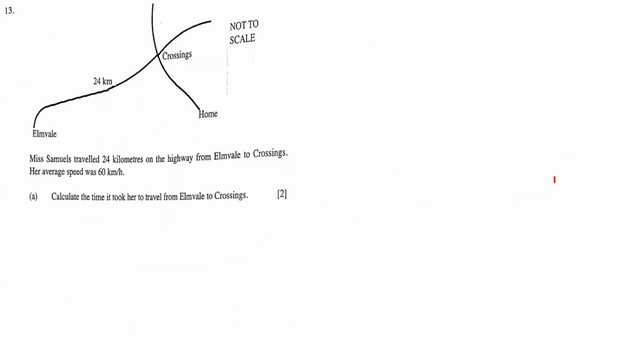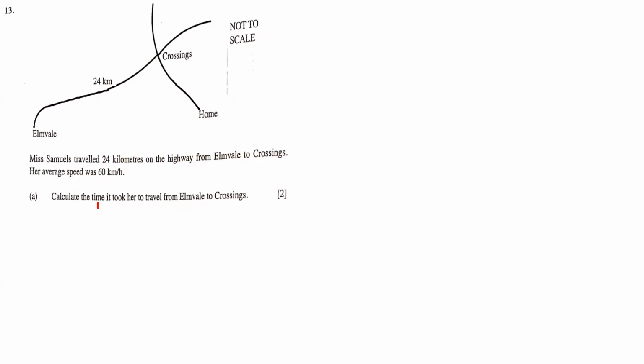Okay, let's move on to question number 13. So we have 13A. Here they give us a diagram. It says Miss Samuels traveled 24 kilometers on the highway from Elmvale to crossings. Her average speed was 60 kilometers per hour.